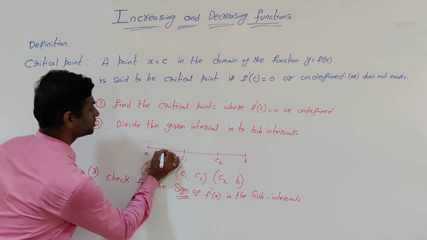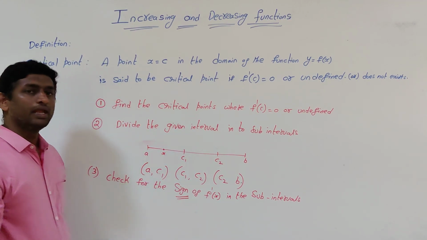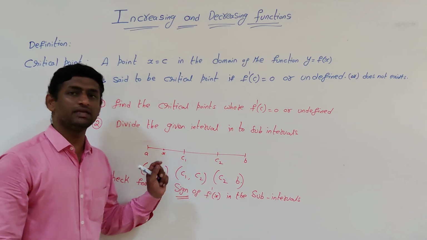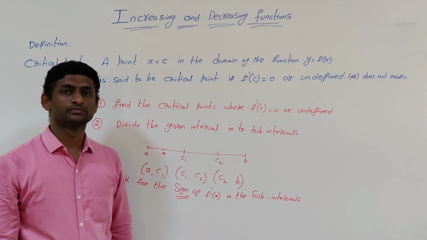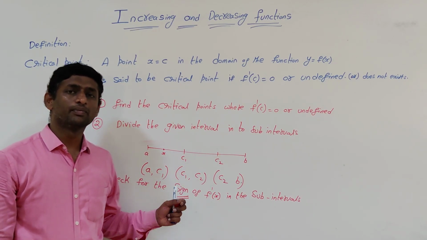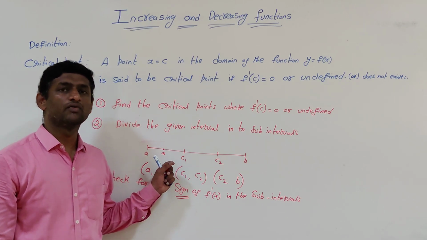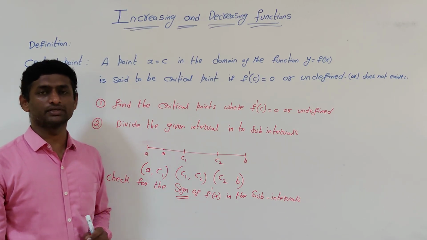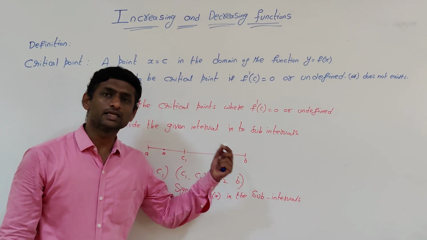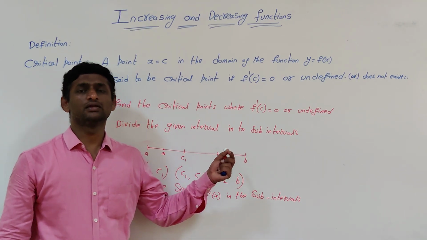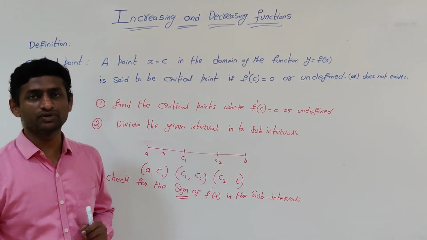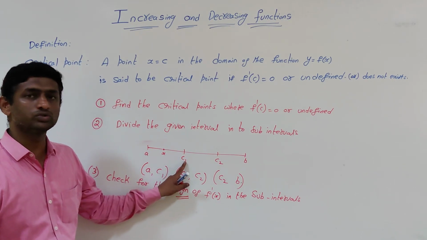Suppose I choose a point x1 in between a and c1 and substitute that value in f dash of x. If it is greater than 0, then it will be an increasing function in this interval a to c1.